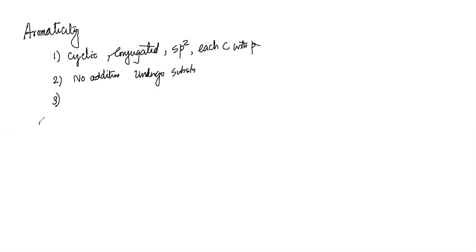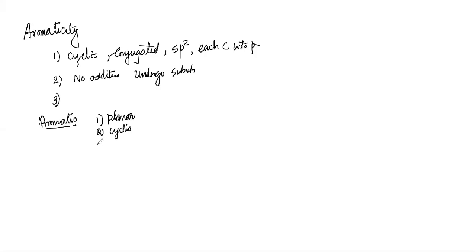Now let us define the aromatic character. Aromatic character is shown by compounds with the following characteristics. Number 1, planar. Number 2, cyclic compounds.